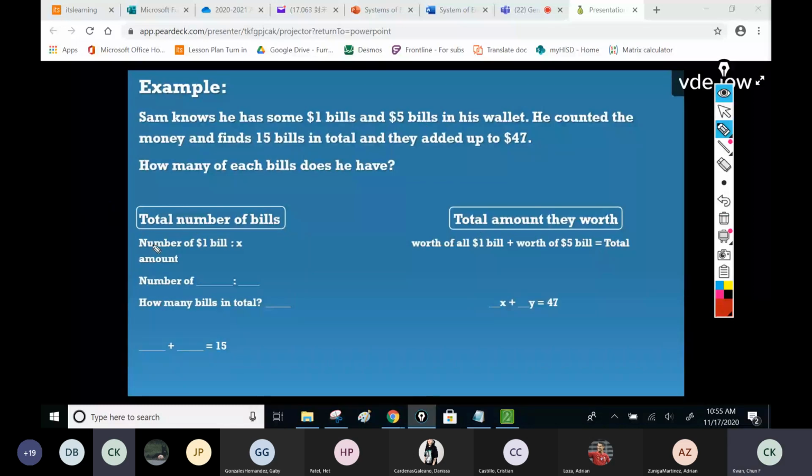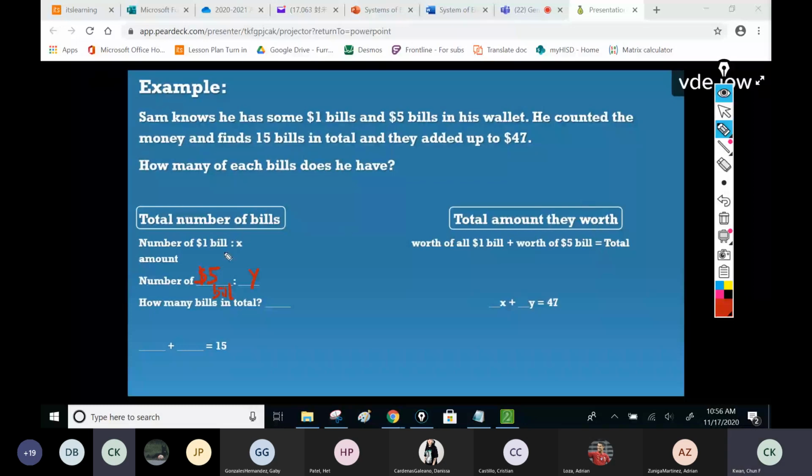Let's say the number of $1 bills, I'm just going to set it to X. We don't know how many, so we're just going to set it up as X. So he has X amount of $1 bills. And then he also has some $5 bills, and let's say that is going to be Y.